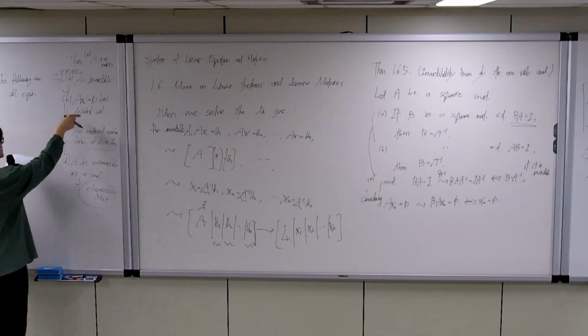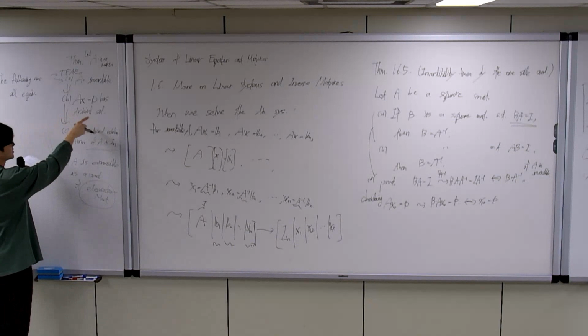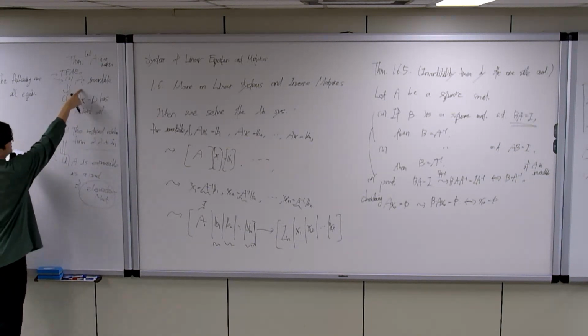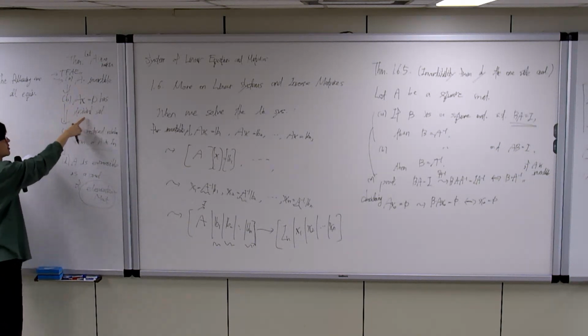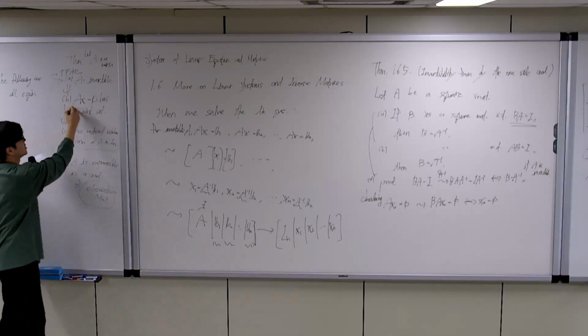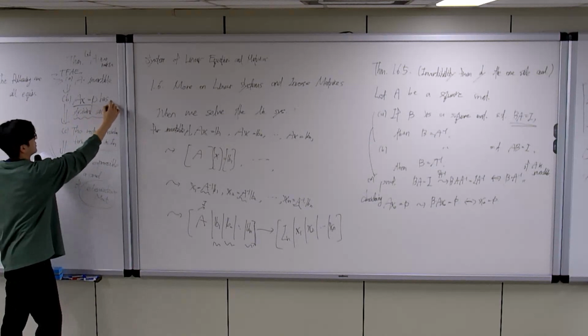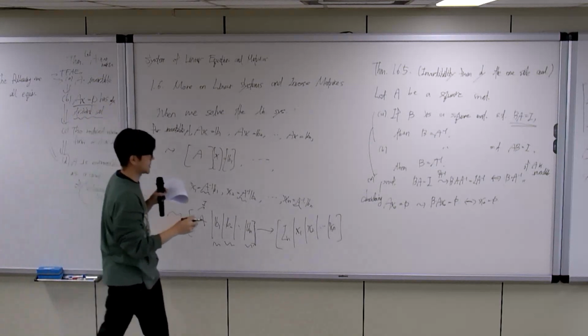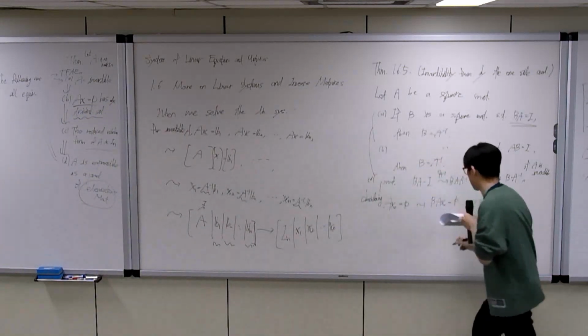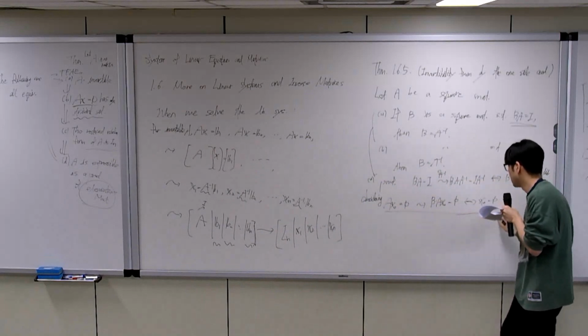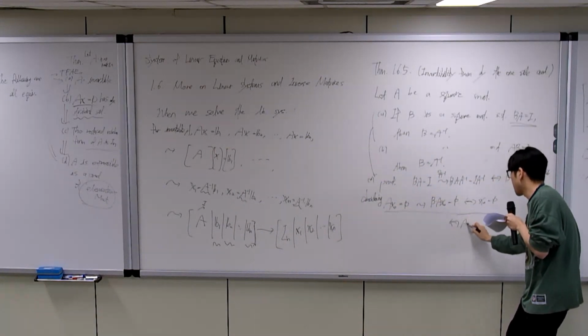And as the equivalent statements say, A is invertible is the same as this equation having only the trivial solution. So this means A is invertible.